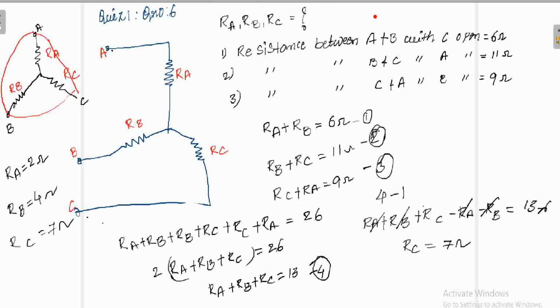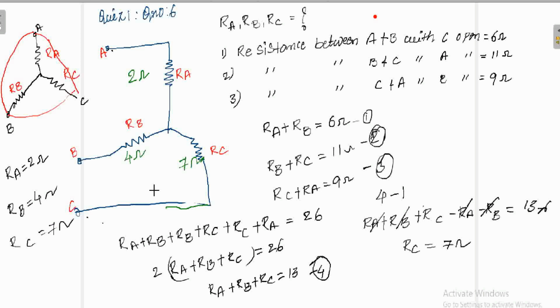So here you got RA is 2 ohms, RB is 4 ohms, RC is 7 ohms. Just by seeing the circuit, we might think we have to do star to delta conversion, but it is not the case.